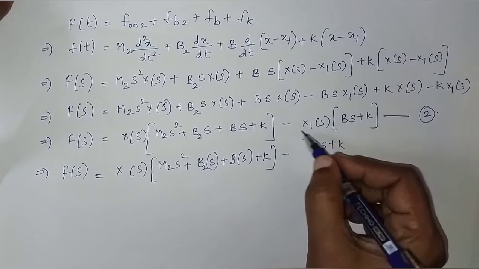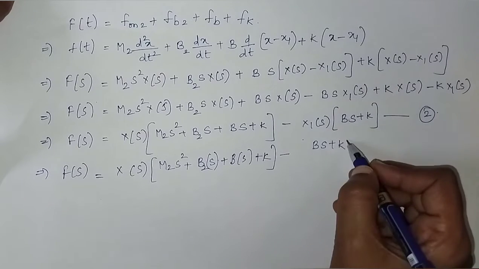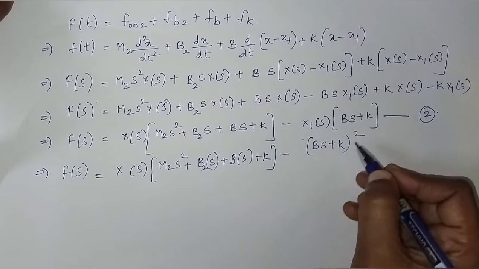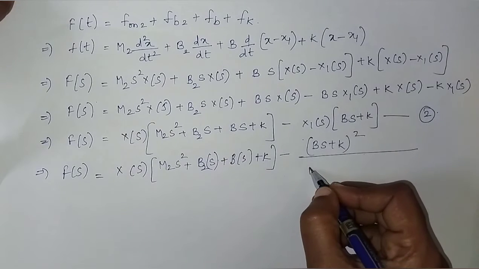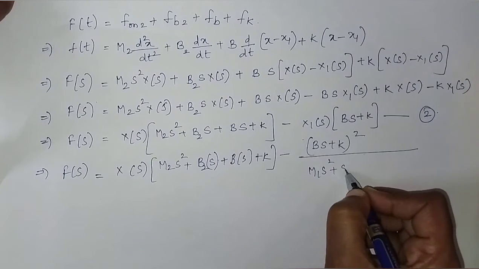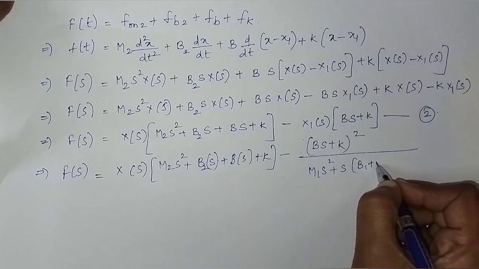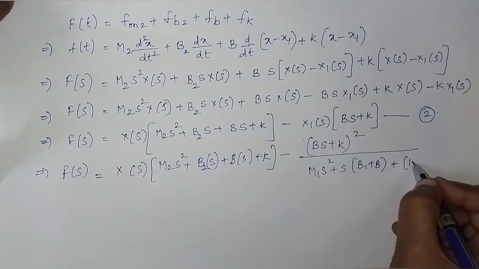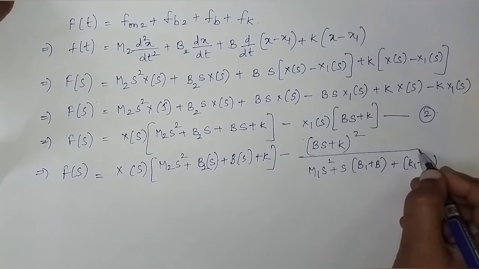Now by substituting this x1 of s from equation 1 we get bs plus k whole square by m1 s square plus s into b1 plus b plus k1 plus k.